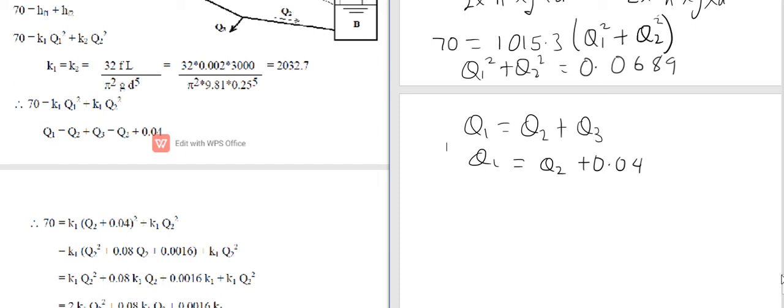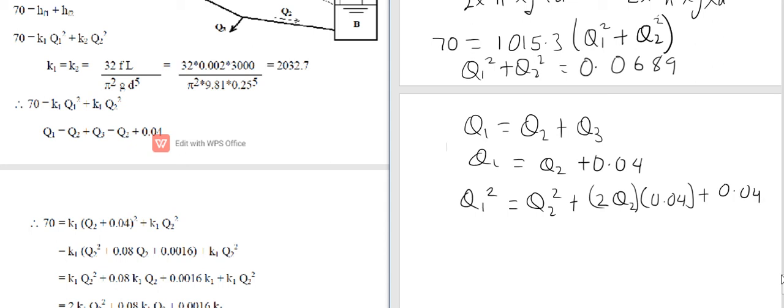That will be Q1 squared equal to Q2 squared plus 2Q2 into bracket 0.04 plus 0.04 squared.